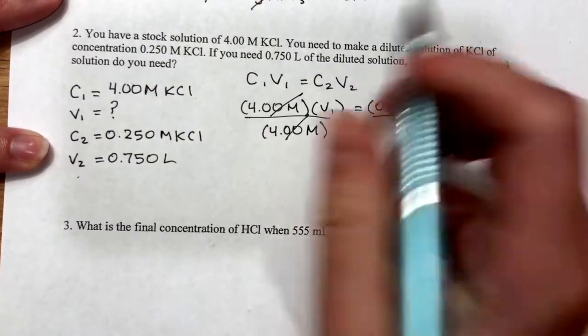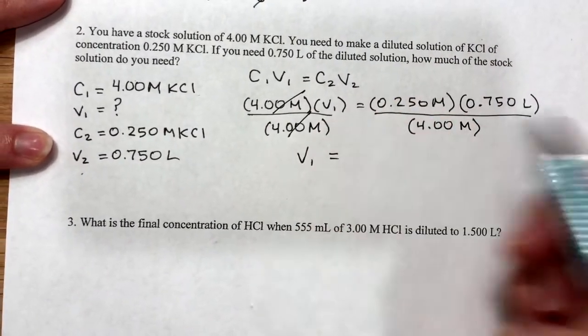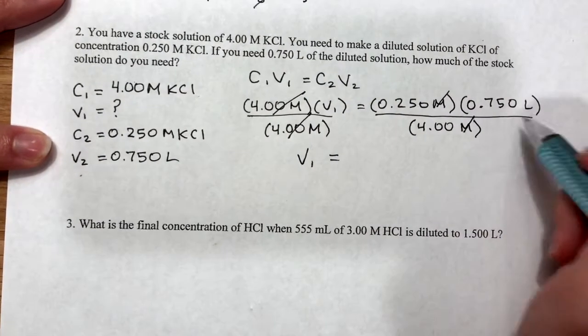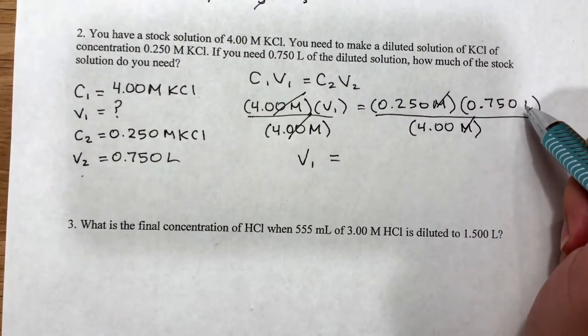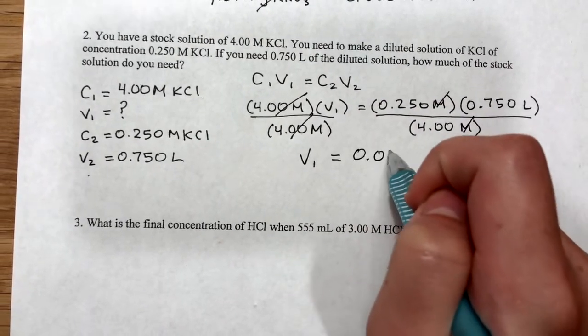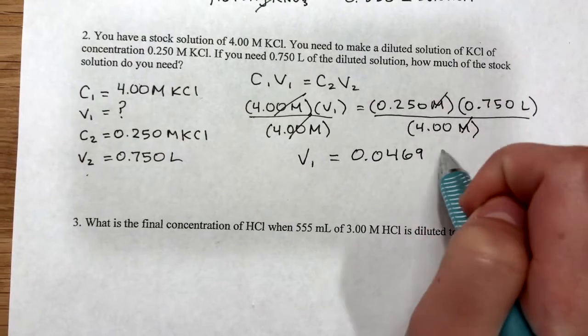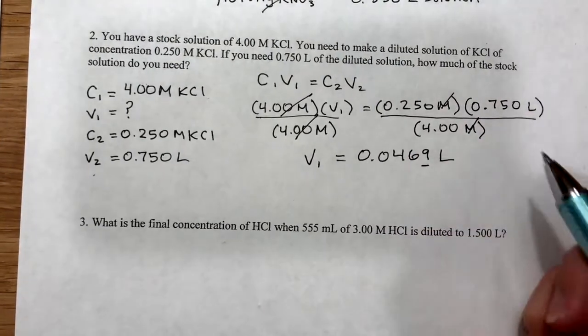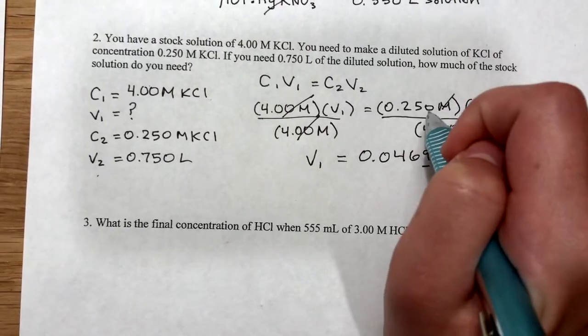These cancel out, giving us V1. Multiplying those, dividing by 4, molarity cancels out, giving us liters. And therefore, the answer is 0.0469 liters. And notice that we have 3 sig figs, because the lowest that we have is 3 sig figs.